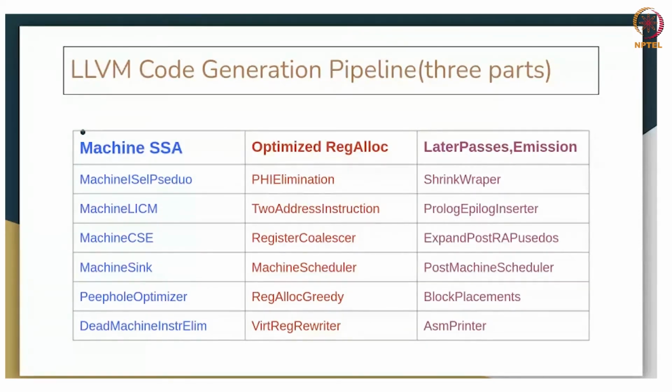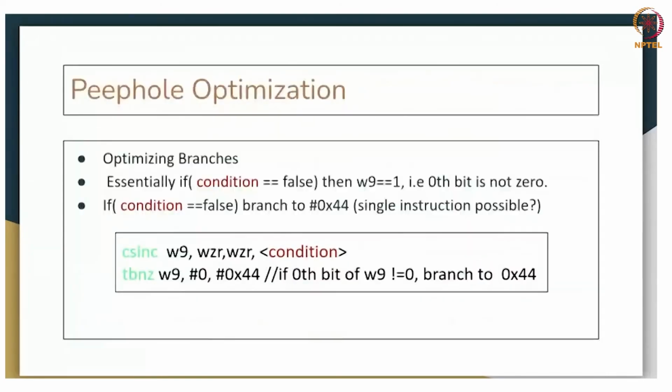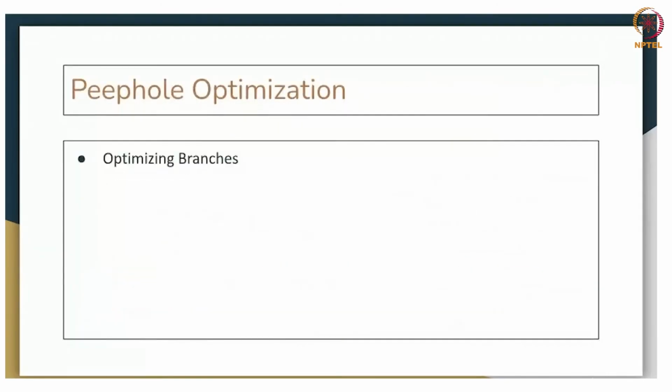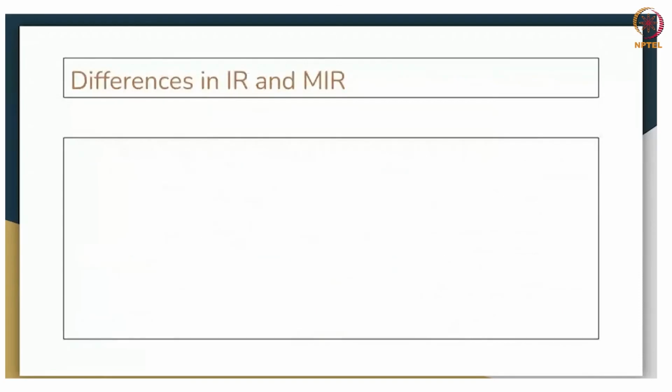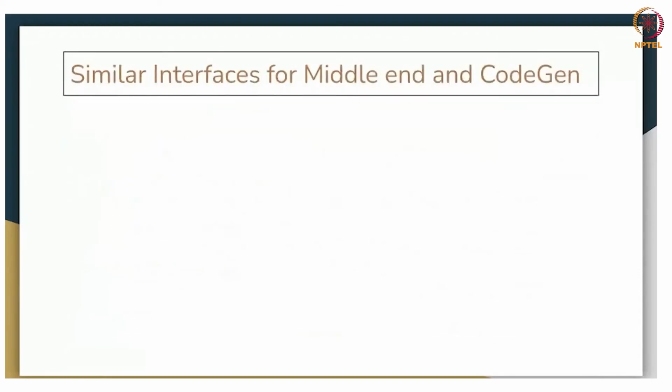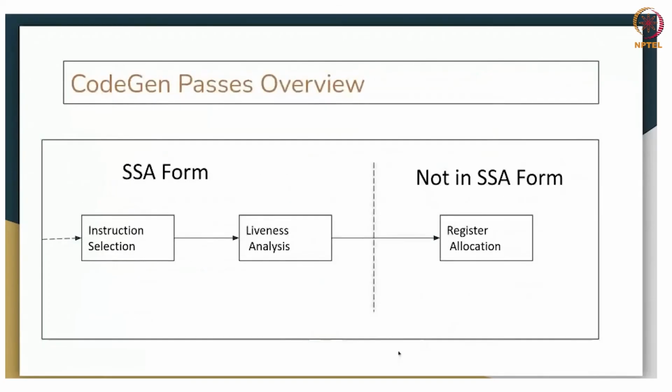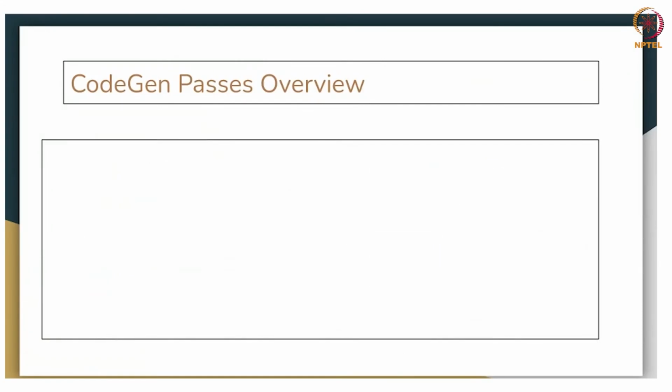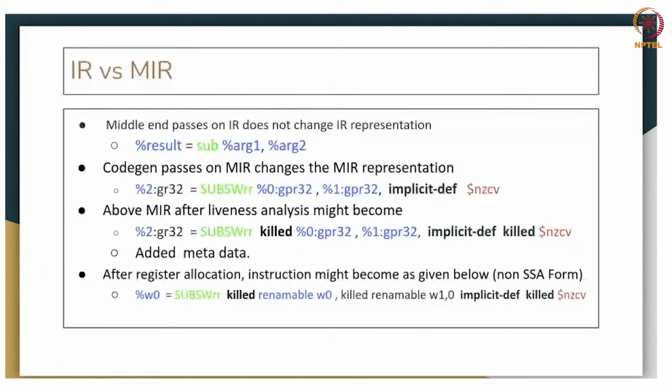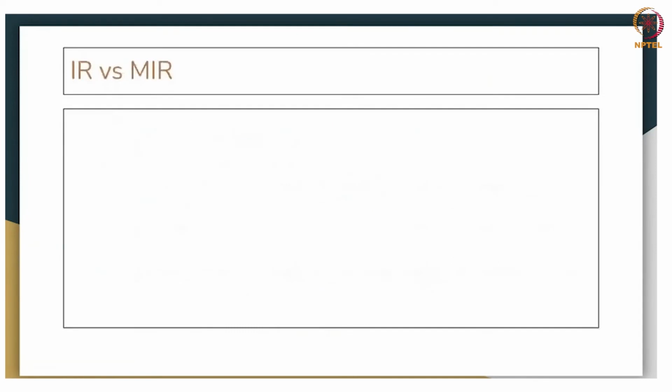Later you print the assembly code using ASM print. The optimization, again, is just a basic example. It includes instruction selection and liveness analysis, which is still in SSA form; after register allocation, it is not in SSA. Then IR versus MIR.